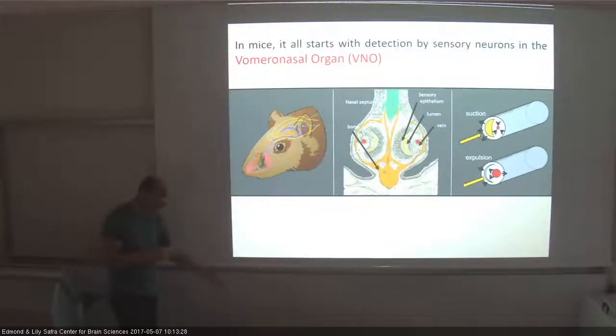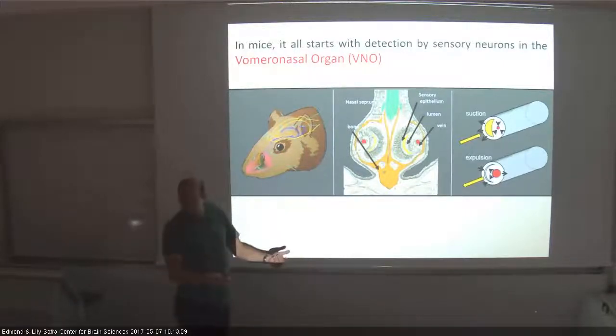Because it's open-ended to the nasal cavity, if there's something there, like some molecules, some urine of another animal in the nasal cavity, it will be sucked into the lumen, which contains the sensory neurons, or the sensory endings of the sensory neurons. This layer right here, I didn't mention that, contains the sensory neurons. So the constriction of the blood vessel, as is shown here, will cause the expansion of the lumen and uptake of stimuli to the vomeronasal organ and to the sensory neurons of the system.